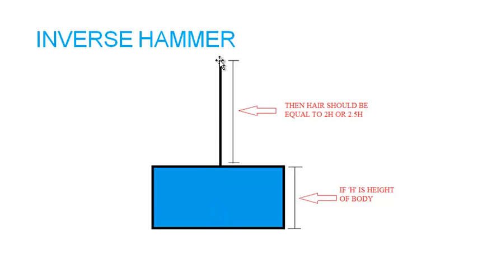This hair is equal to 2h or 2.5h and above. The minimum is again 2h or 2.5h. So if this is the height of the body of the candle, and this is going to be 2h or 2.5h, this is called the inverse hammer.